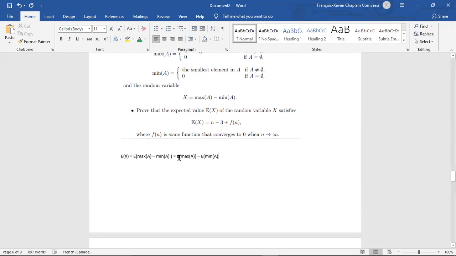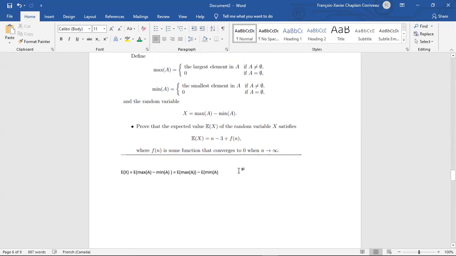Okay, so now we deal with each separate expected value. How are we going to deal with this one? For example, I want the expected value of the maximum of A. So now think about the definition of expected value.